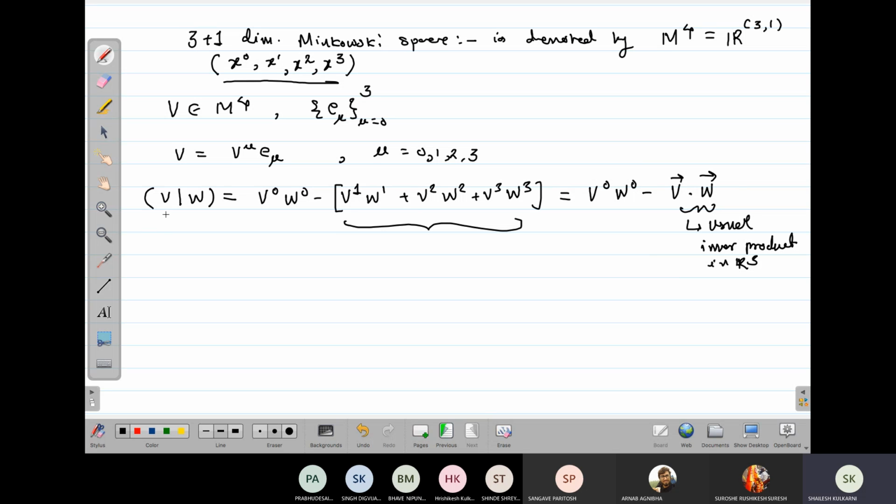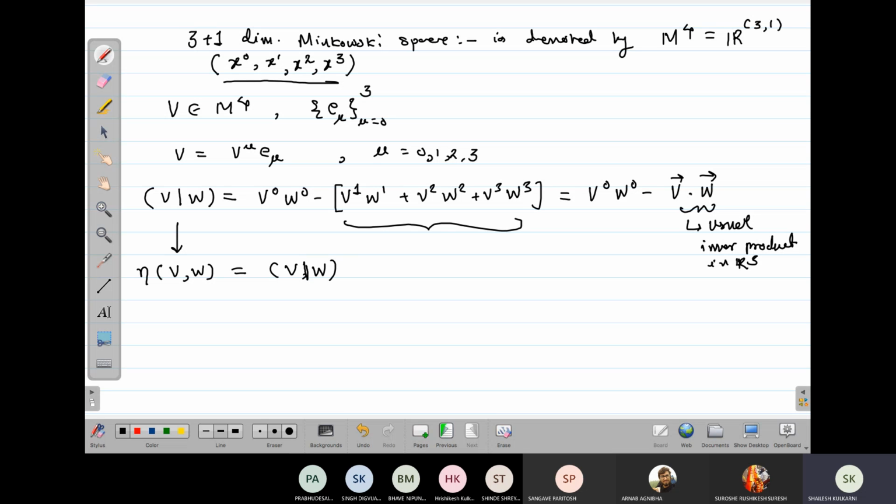Once you have the inner product, you have the metric on Minkowski space. So eta of V, W is defined to be this.